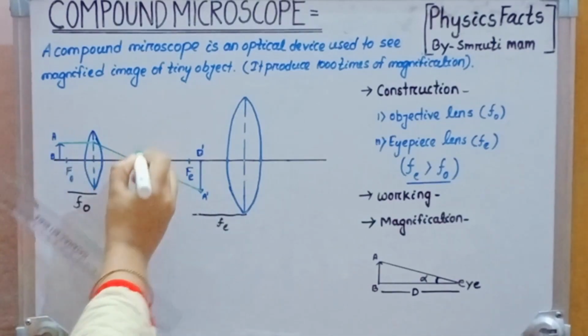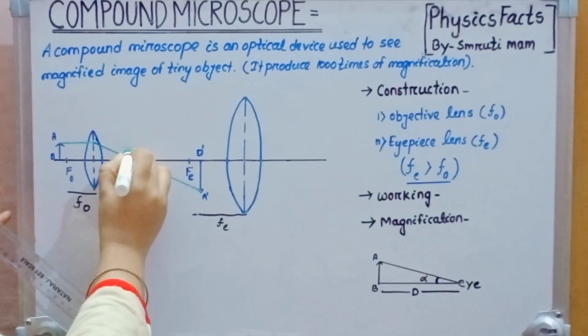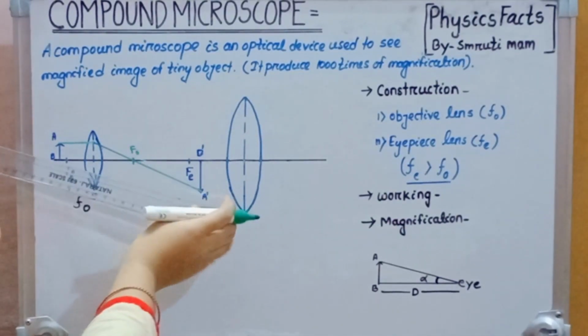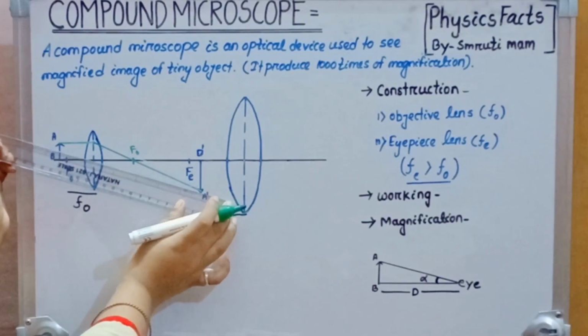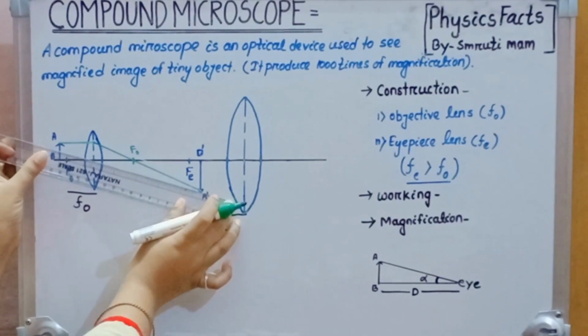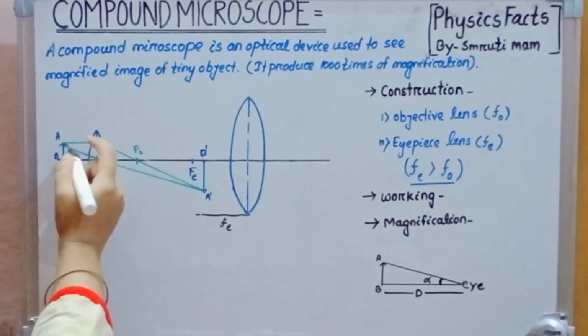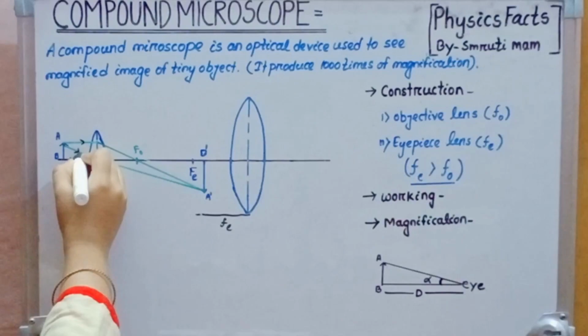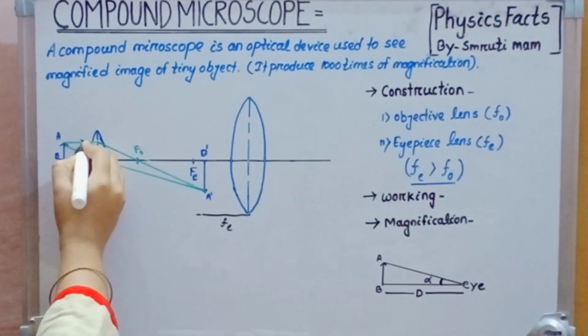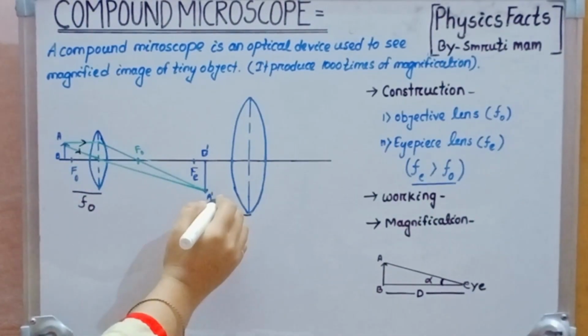So this one is the focus, Fo, and another ray goes through the center of curvature. There is no deviation. One ray, this one, and another ray, this one. The two rays meet at this point and the image is produced.